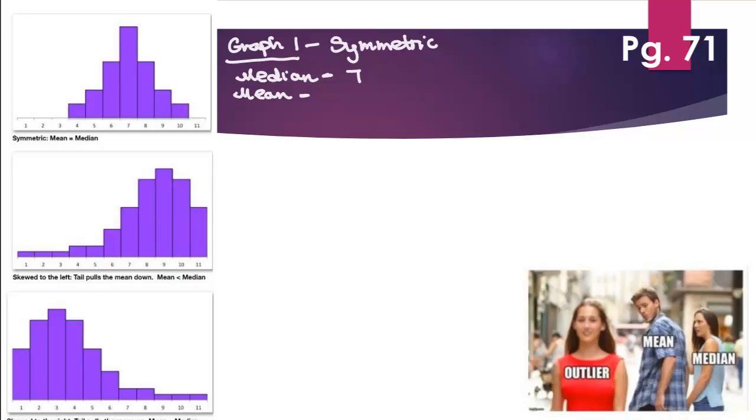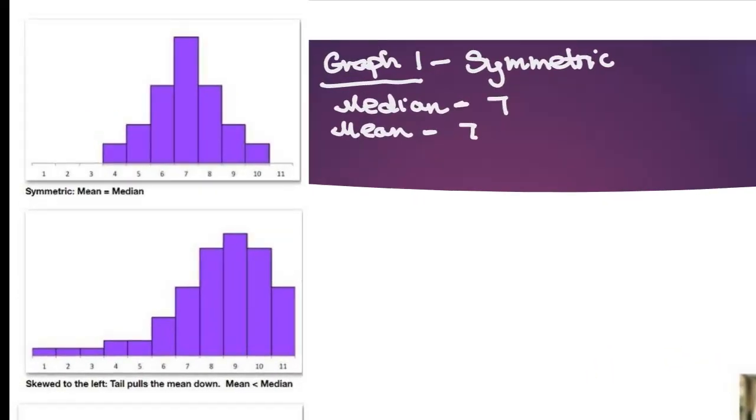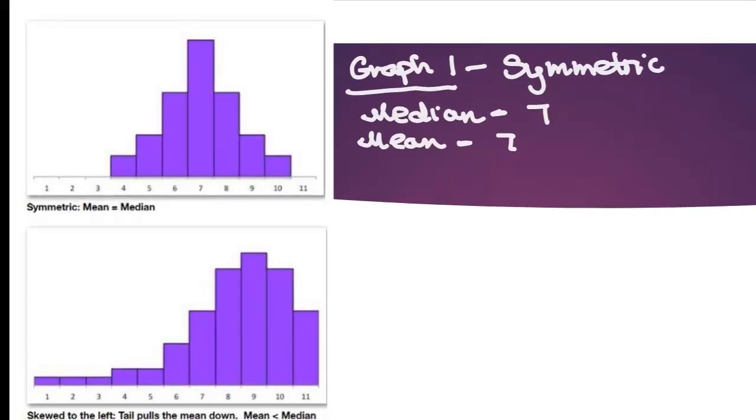What would the mean be here? Yeah, it also is 7 because look, as I go in a little bit closer, if I add this 4 and this 10 together, what does that give me? 14. And since they both have the same height, if I divide it by 2, that would give me 7, right?